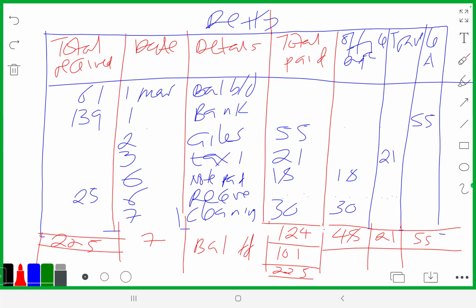Then the same amount will be written as the balance brought down on the opposite side, with the date of the next week, which is day number 8, that will be 8th of March. So this is basically how you balance off the petty cash book, and this is what you were expected of doing.